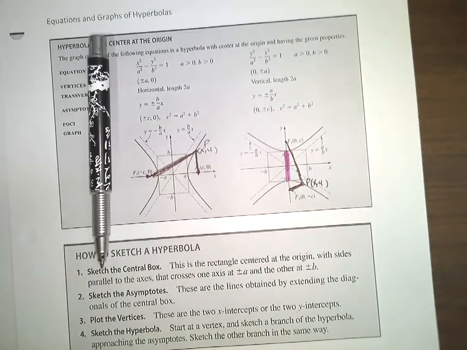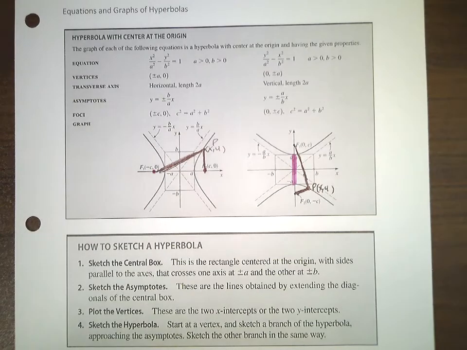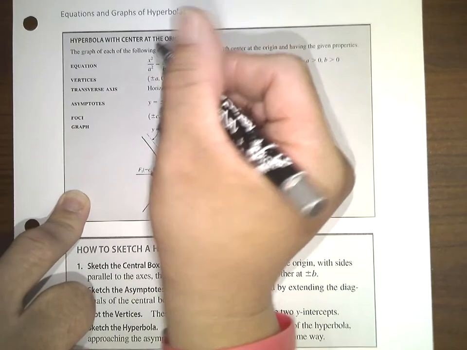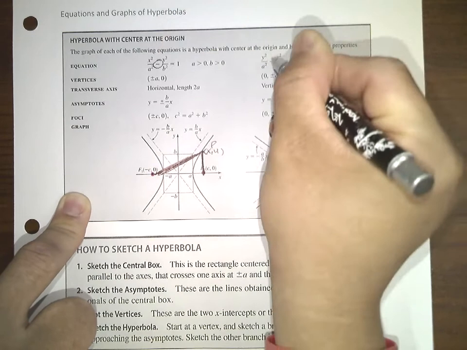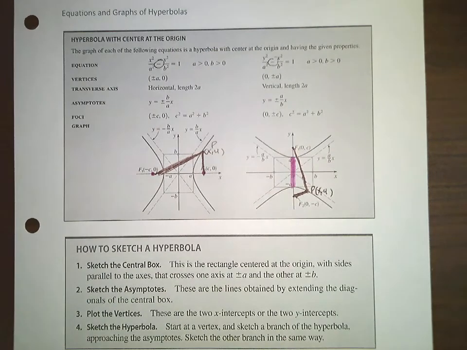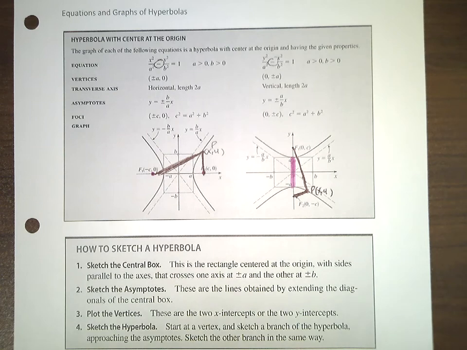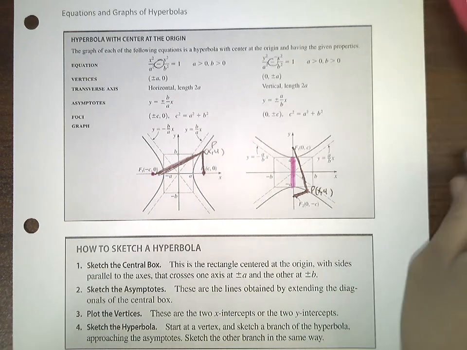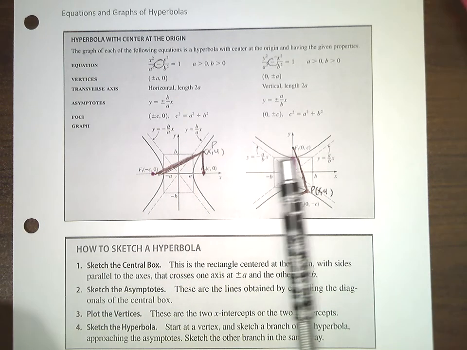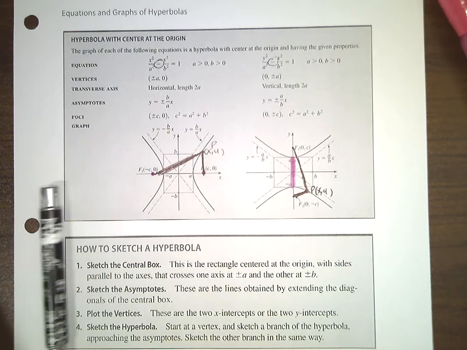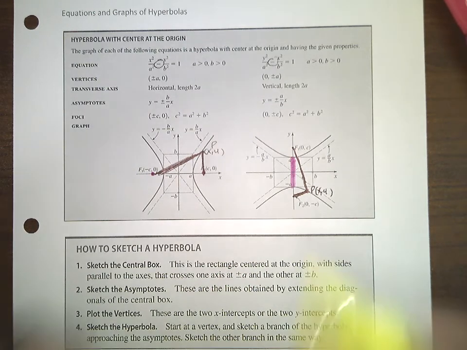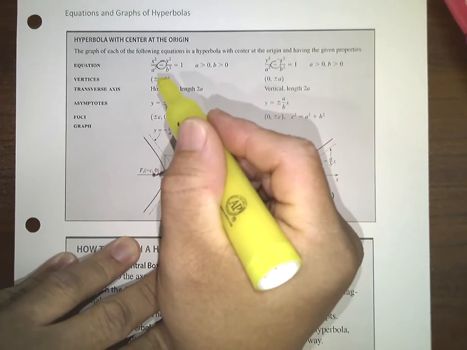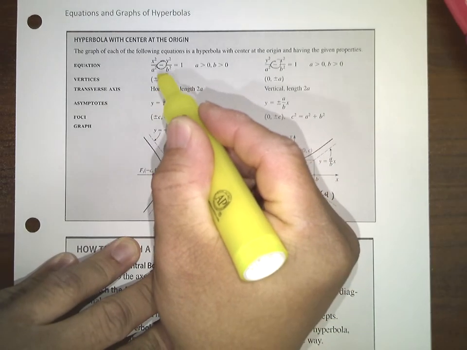All right, so now the major thing that you need to remember is that when we're talking about the equation of a hyperbola, there is a minus between the terms. When we were talking about the ellipses, there was always a plus between the two terms. Now here, the thing that I think confuses people the most is that the a is always under the first term.